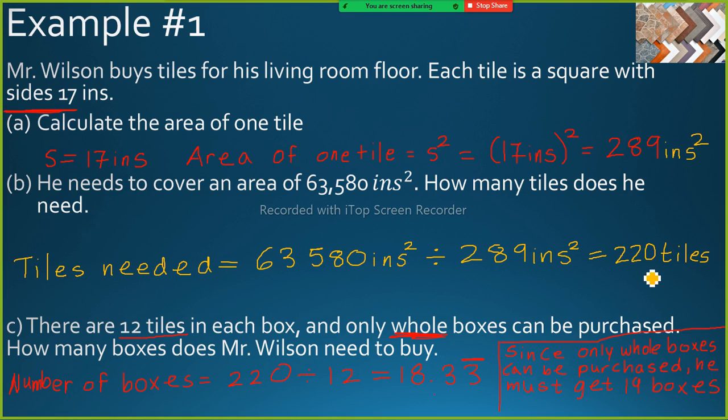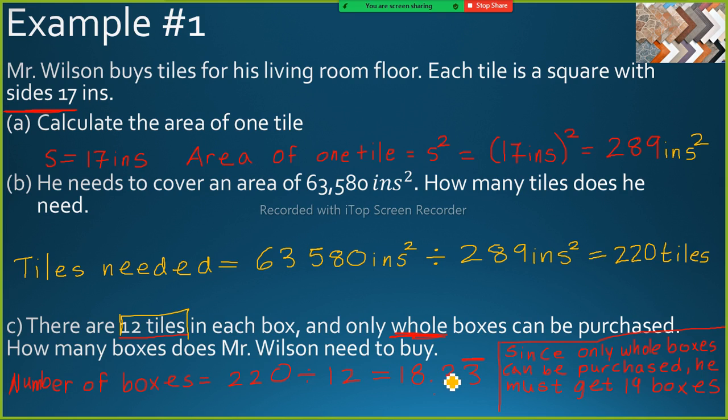That's how much he needed, right? But only 12 tiles could fit in each box. So they're trying to figure out how many boxes he needs. Not how many tiles he needs, but how many boxes. So to find that out, we divide 220 by 12.